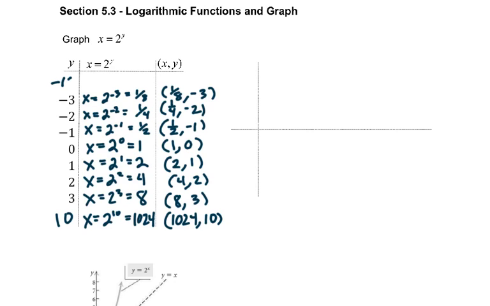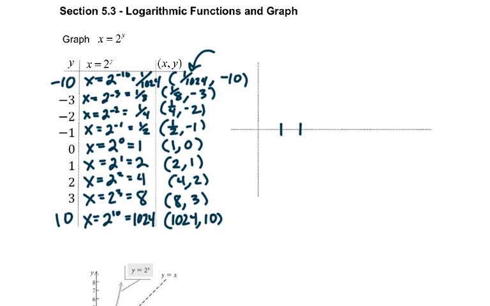What if I were to plug in negative 10? Well, that would be x equals 2 to the negative 10th, which is 1 over 2 to the 10th, or 1 over 1024. So I'm very close to 0 here, and I move down 10 spaces. It looks like I'm getting closer and closer to 0 with my x, but I'm never going to touch it.